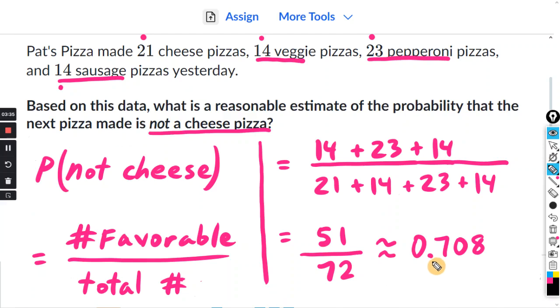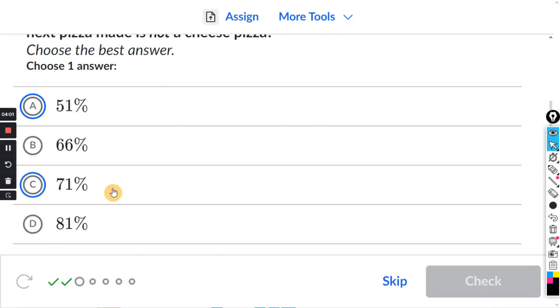You need to move the decimal over 2 places to the right, and that is going to equal 70.8%. That right there is the final answer. Their answers are probably rounded off a little more, so let's look for the one that's closest. 70.8, the closest one is 71.